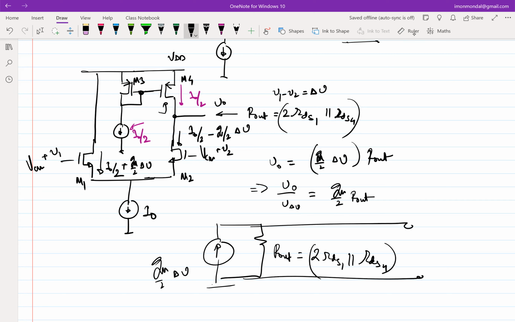And this is your output. In the absence of any load, your output V0 would have been GM by 2 times delta V times R. So you can either do the Norton equivalent, or you can directly write the output expression looking into the network.